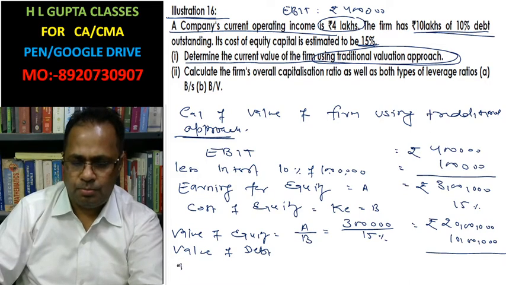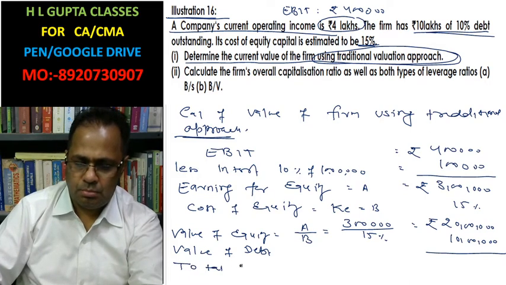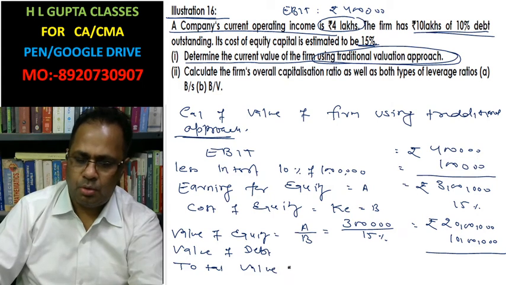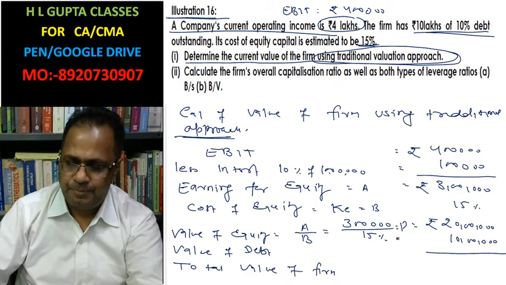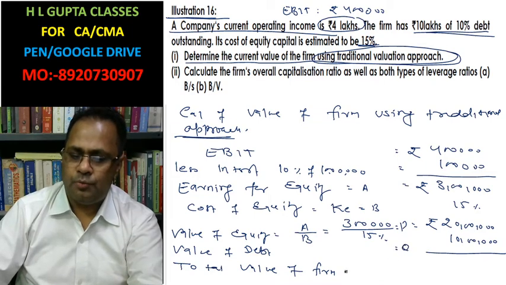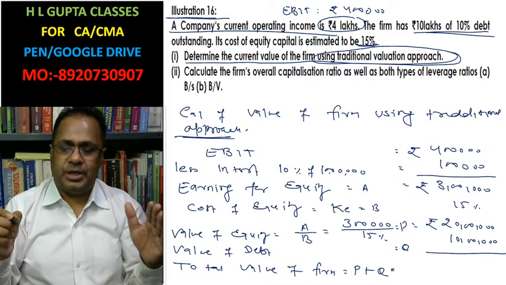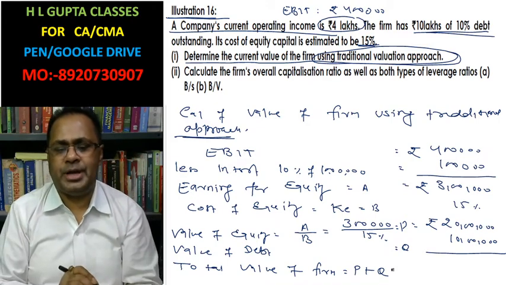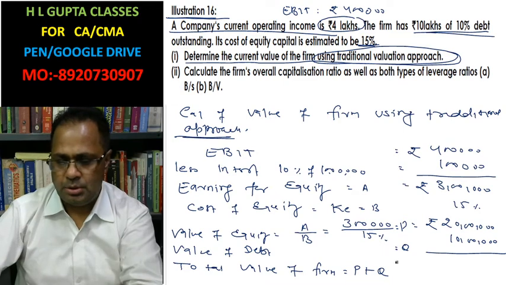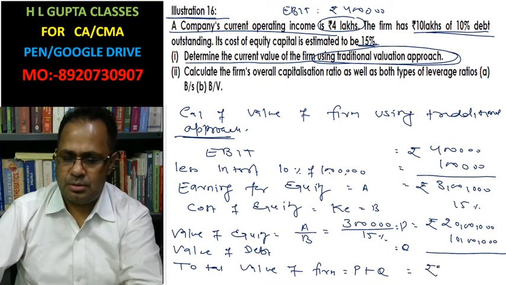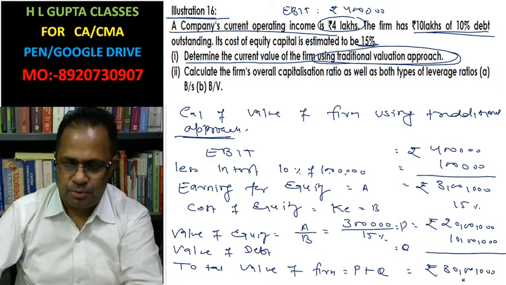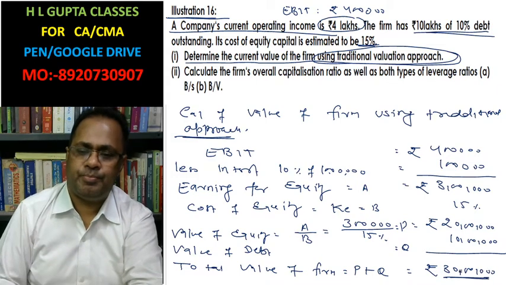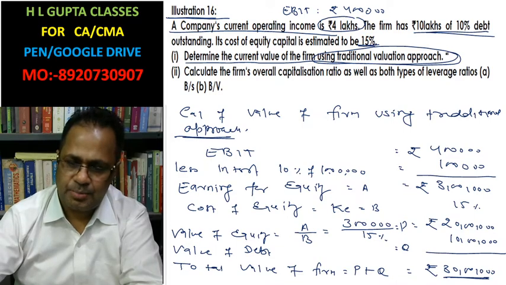Total value of the firm: suppose this is P and this is Q. Total value of the firm is P plus Q, that is the value of the equity plus the value of debt, which is the value of the firm. This is rupees 30 lakh. Total value of the firm is 30 lakh. The first part answer is completed.